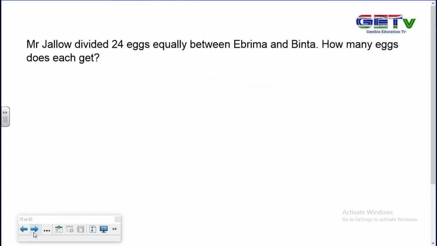The next example reads, Mr. Jallo divided 24 eggs equally between Ibrahima and Binta. How many eggs does each get?